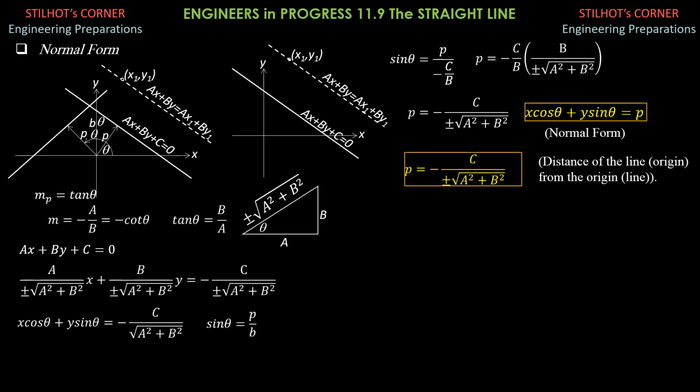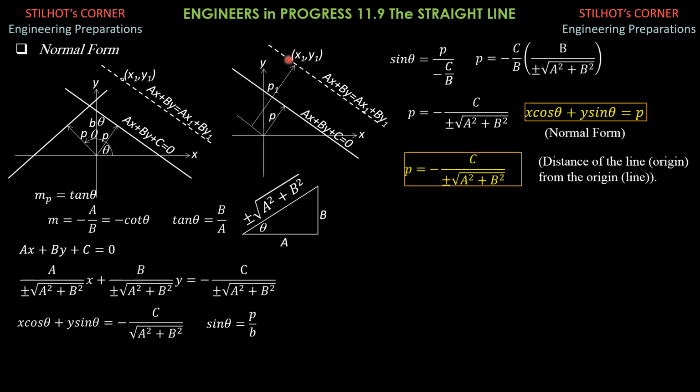So the distance of this line here from the origin is P as shown, and the distance of the line through x1, y1 parallel to this line here from the origin is denoted by P1.